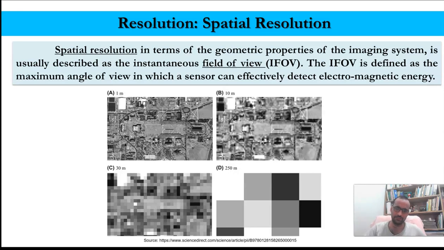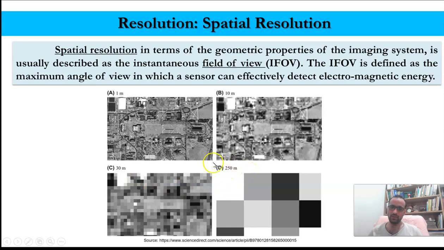Just take an example. If you have a 1 meter pixel, 1 pixel covers only a 1 meter area. And then if you have 30 meter, a 30 meter area is covered by the one pixel. It means 1 meter is more qualitative because we can see much more zoomed information, like we have here for pictures A, B, C, D: 1 meter, 10 meter, 30 meter and 250 meter.